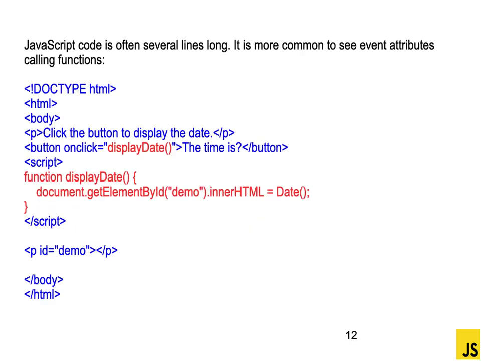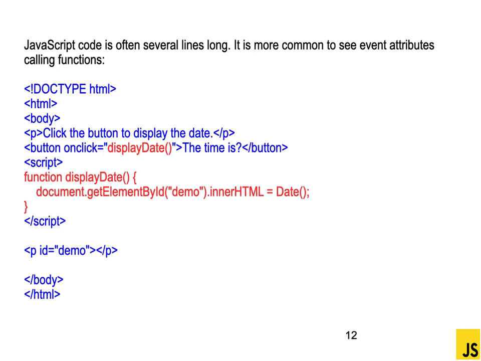JavaScript code is often several lines long. It is more common to see event attributes calling functions. See this example: HTML body, paragraph tag, click the button to display the date. Button onclick is equal to displayDate. The time is. Okay. See, onclick is a property, and the value assigned is a function name.